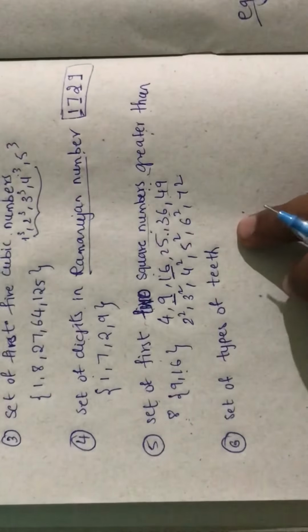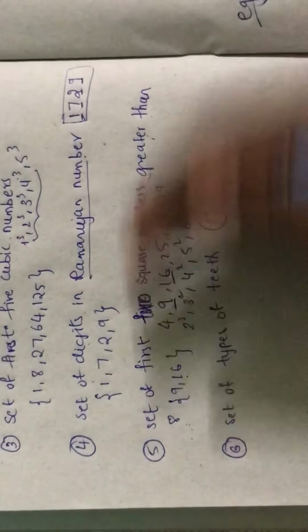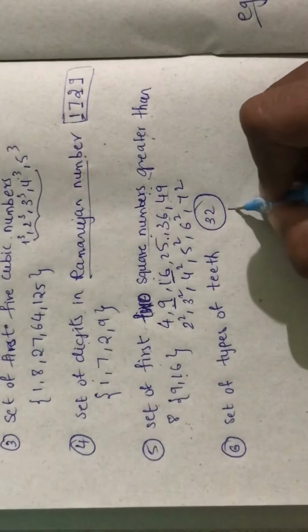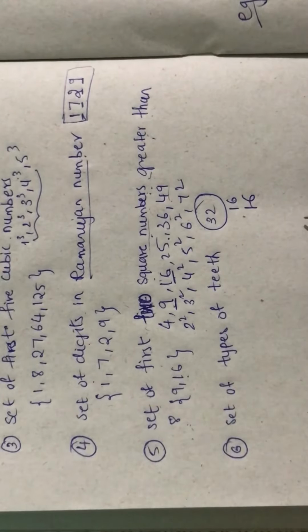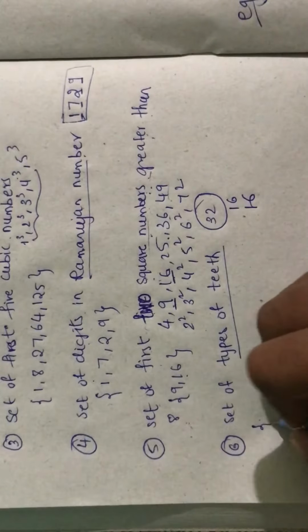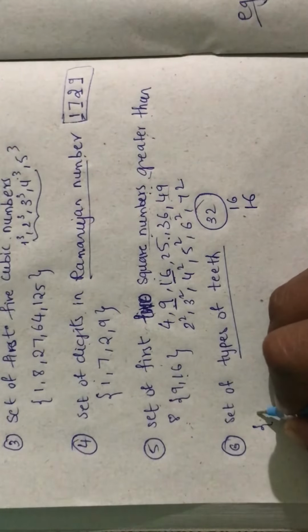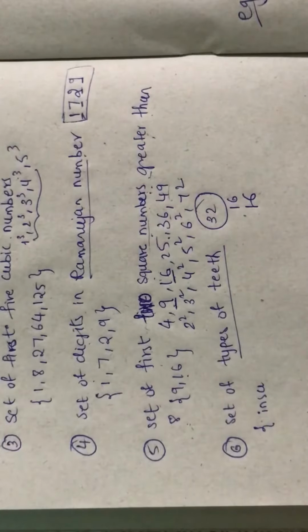And set of types of teeth. Basically we have 32 teeth. The upper jaw consists of 16 and the lower jaw consists of 16. So the types of teeth are incisors, canines, molars, premolars.